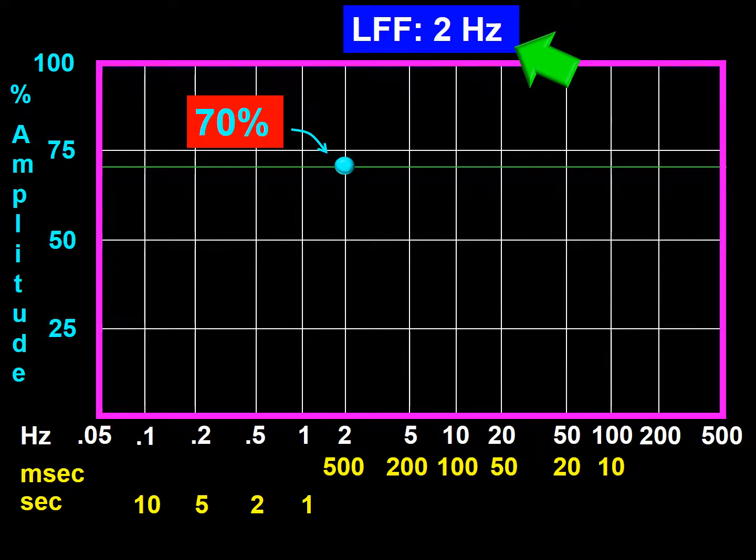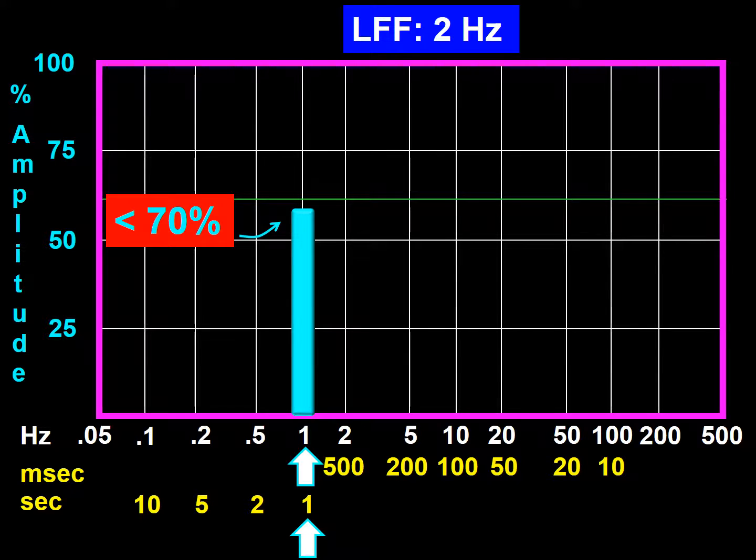If we use a 2 Hz filter, which would reduce a 2 Hz wave to 70% of its value, a 1 second wave will be reduced to a value of less than 70% of its original value.